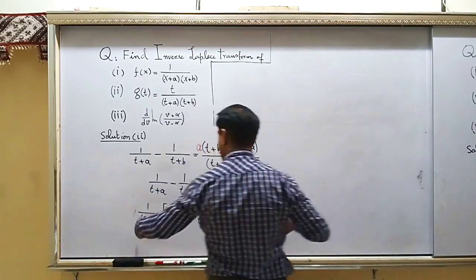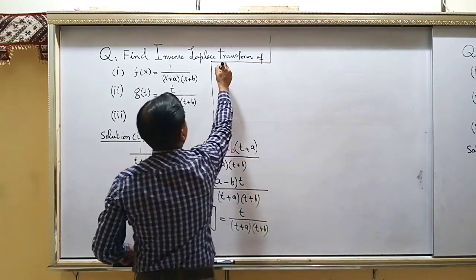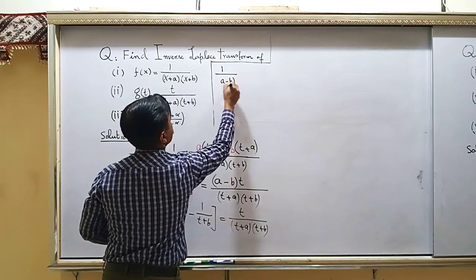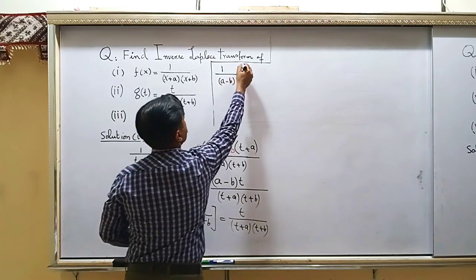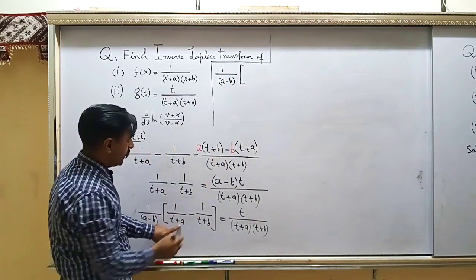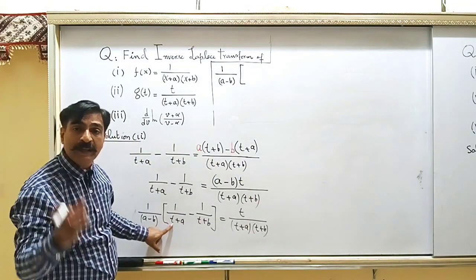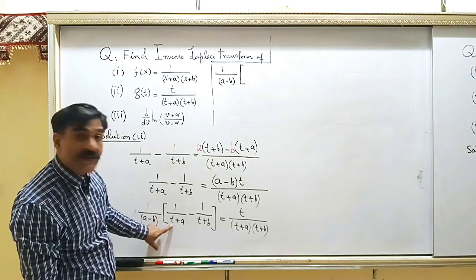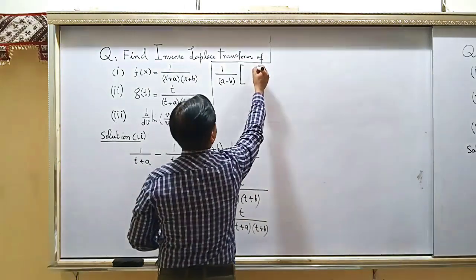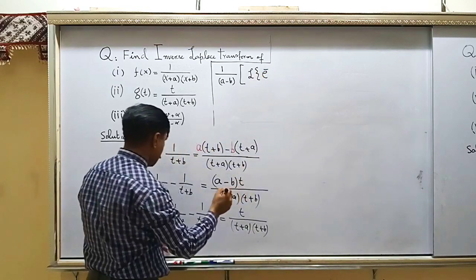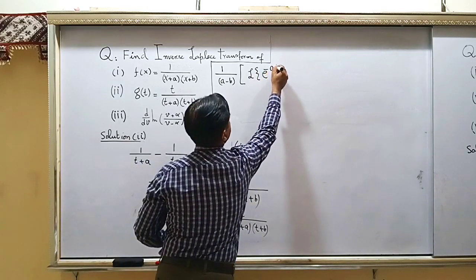So in the next step here, 1 over a minus b, and here 1 over t plus a. Now the variable is t. In the Laplace transform, in place of s, your variable is t. So this is the Laplace transform of e to the power minus at.